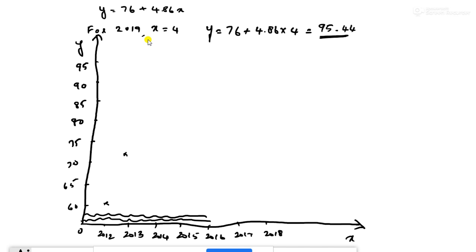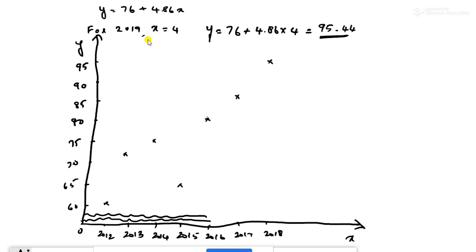Then comes 75, then 65, then 80, then 85, then comes 95. For 2018 it is 95.